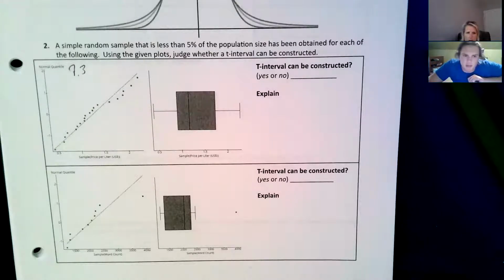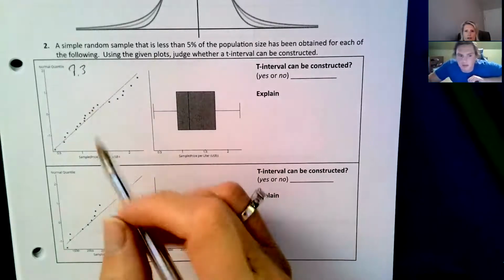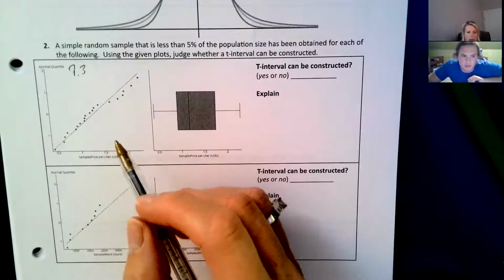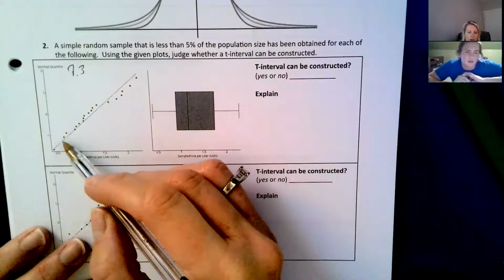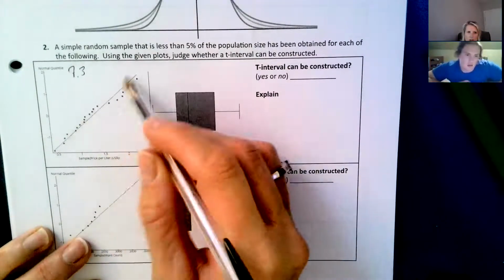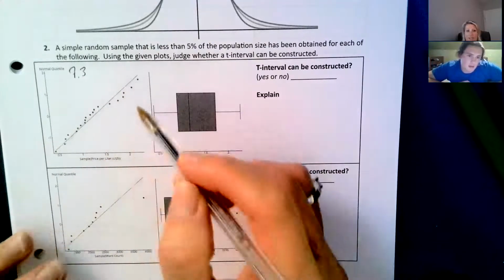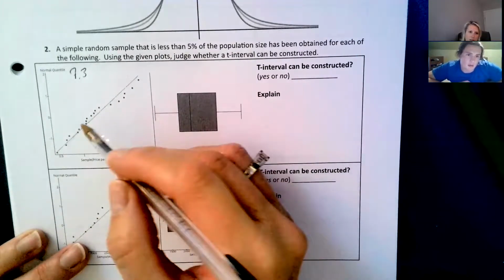Wasn't it like if it was more linear and spread out, like normal? Yeah, so we want our normal probability plot to look more normal, so more linear, I should say. It indicates that our data is normally distributed.